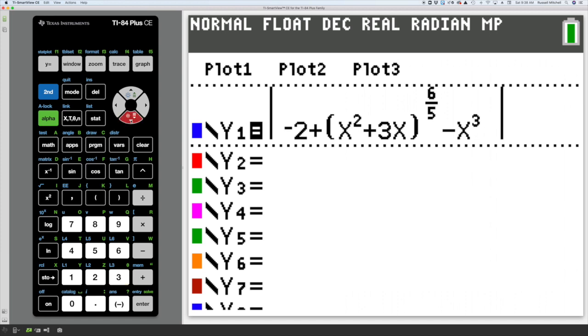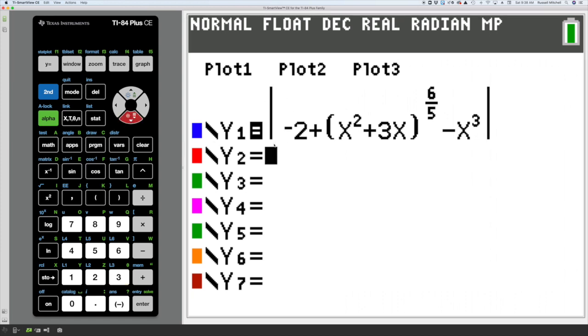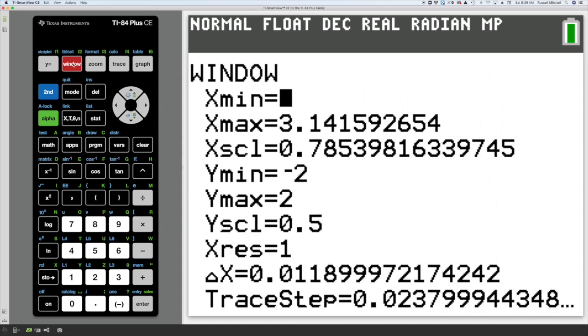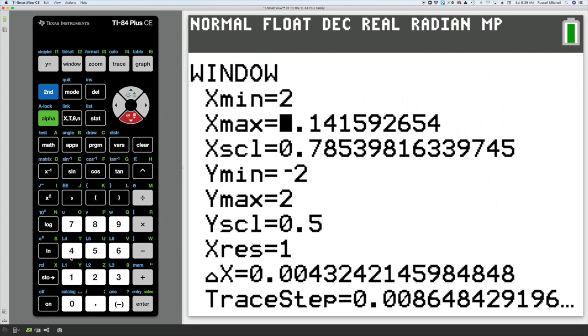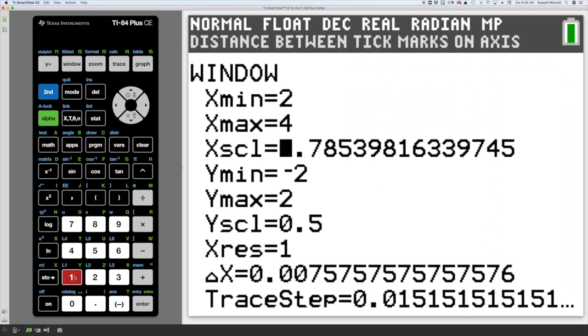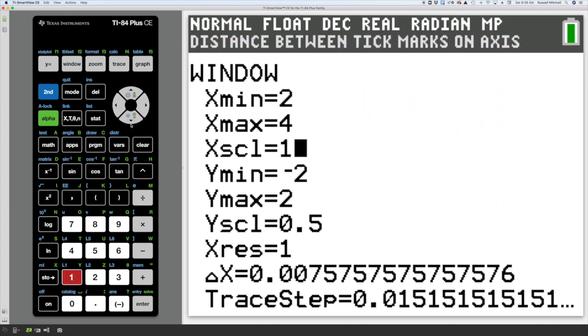Okay, and then we're going to set our y2. We want to know when this is equal to 2, okay? So we're going to set that equal to 2. We're going to go to our window, and we only want to look between 2 and 4, right? So we're going to set this to 2 and this one to 4, okay? And x scale by 1s is fine, or 0.5 would be fine too.